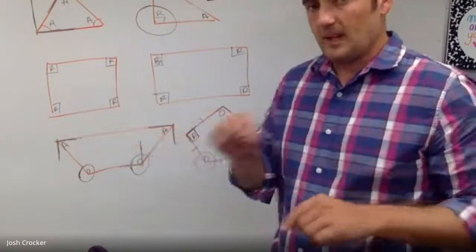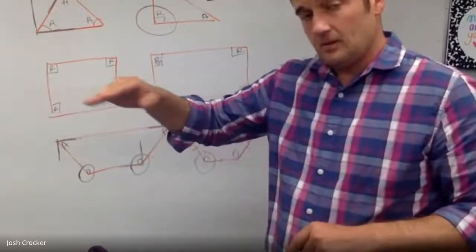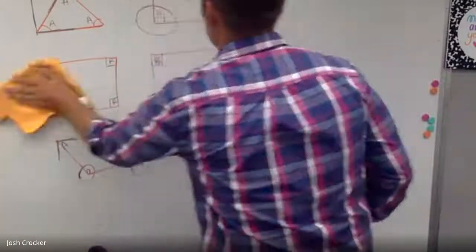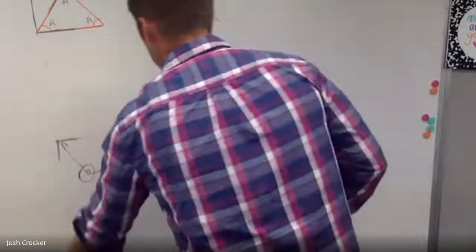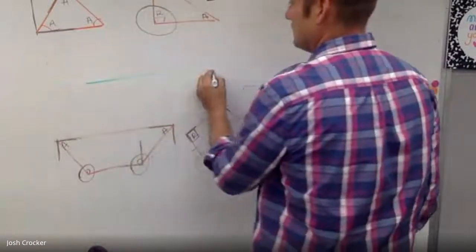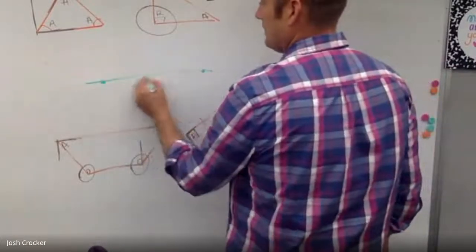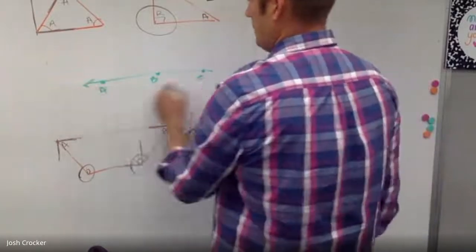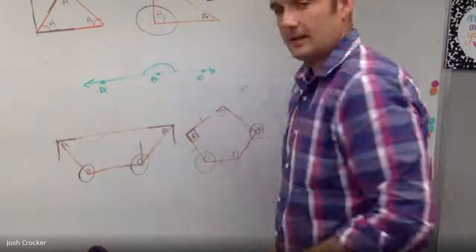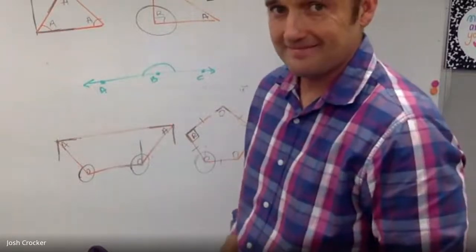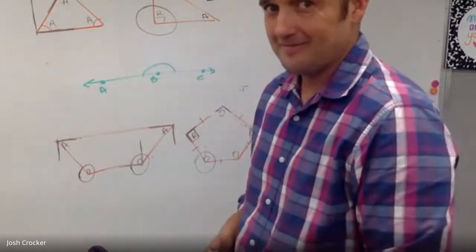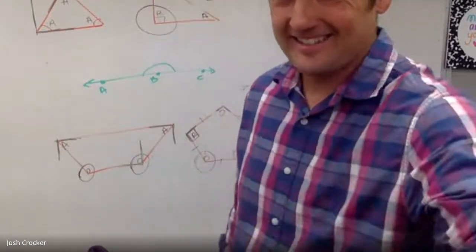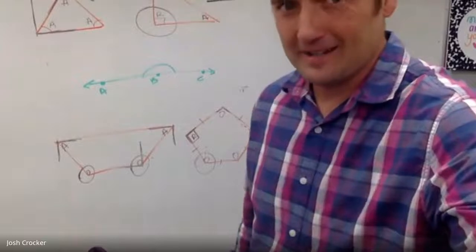And then at 180, when it's just flat, it's literally just a line. That's what they would call a straight angle. Some say it's not an angle. I'm not the person who gets to decide though. So, acute, right, and obtuse angles.